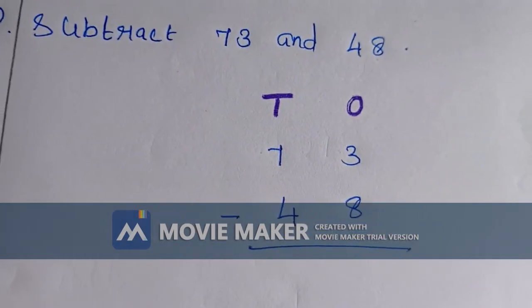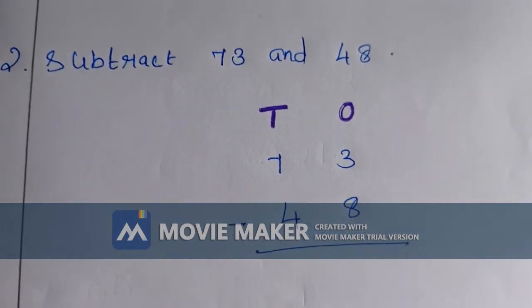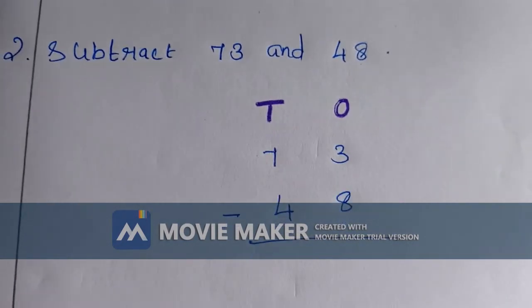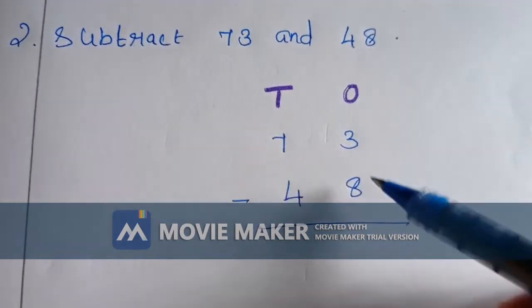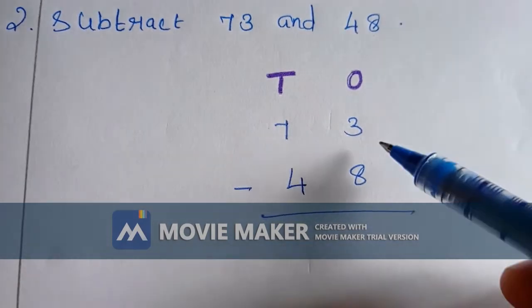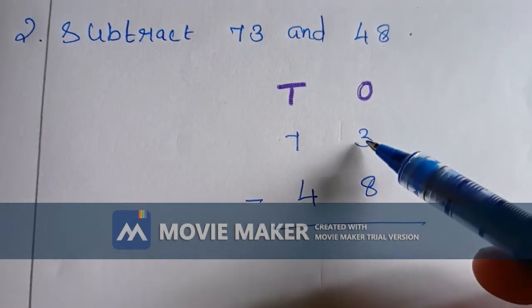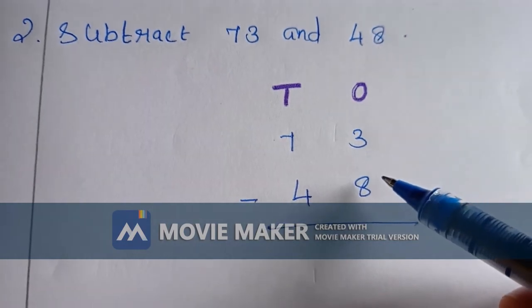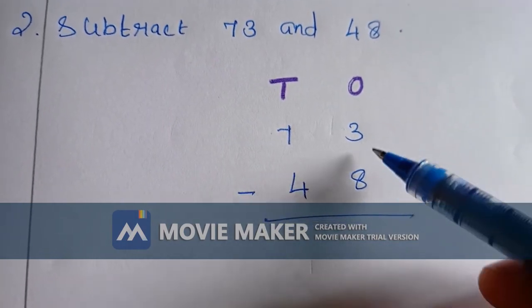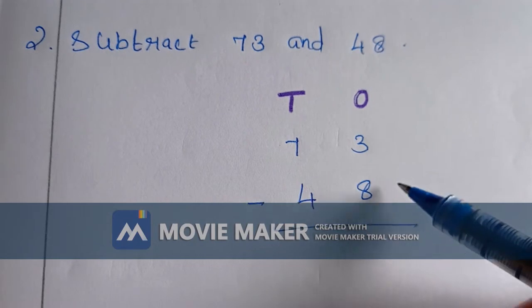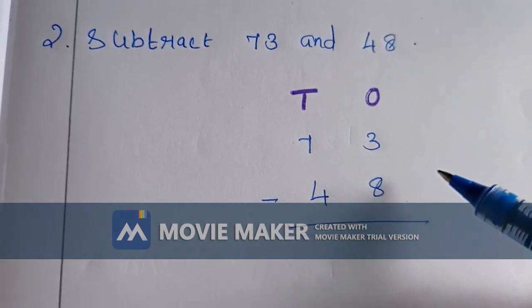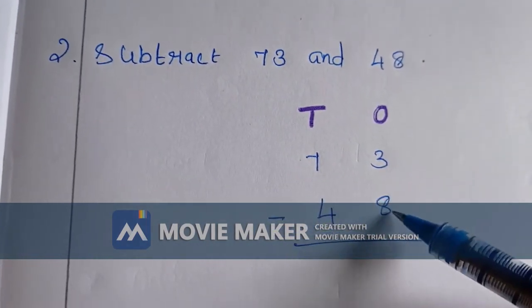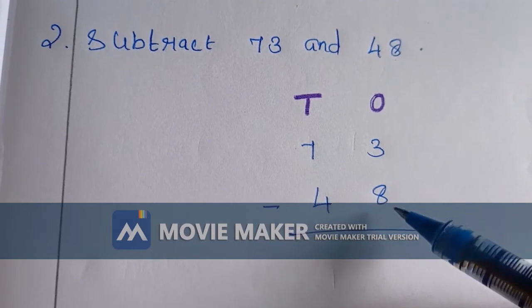So what is the first step, children? Yes, you have to subtract the values in the ones place. The ones place values are 3 and 8. But children, you can't subtract 8 from 3. So what do you want to do?